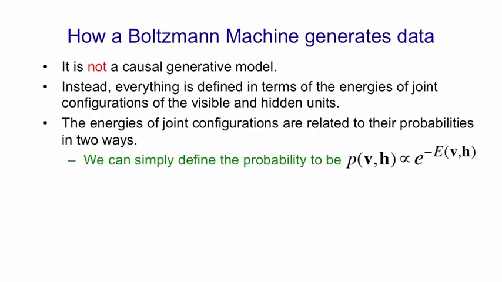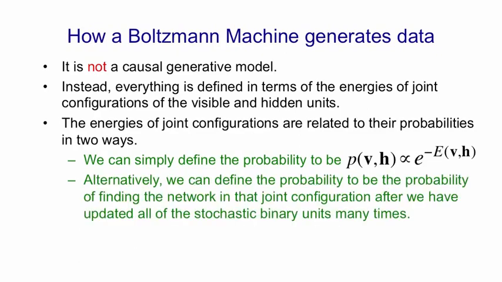You can simply define the probability of a joint configuration of the visible and hidden variables to be proportional to e to the negative energy of that joint configuration. Or you can define it procedurally by saying we're going to define the probability as the probability of finding the network in that state after we've updated all the stochastic binary units for enough times so that we reach thermal equilibrium. The good news is that those two definitions agree.